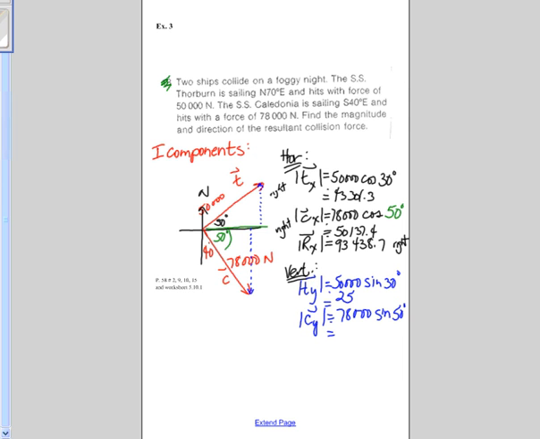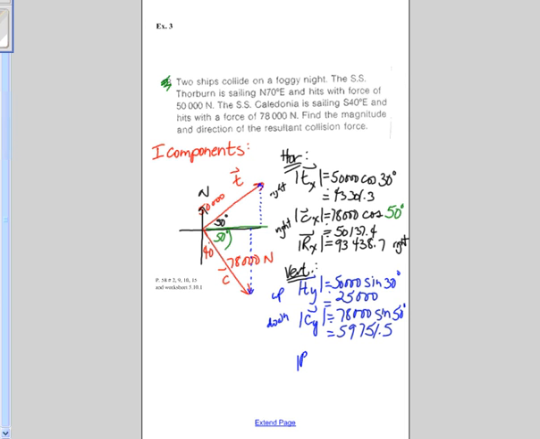$25,000. Approximately 59,751.5. For the Thornburn, it is an upwards, or more accurately, northern force, and for the Caledonia, it is a downwards or southern force.